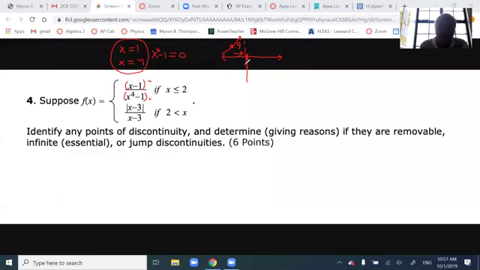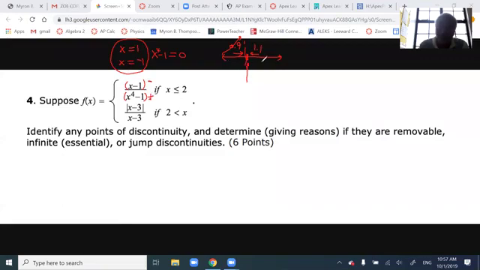But if you approach 1 from the right side, say 1.1, then 1.1 to the fourth power is bigger than 1, minus 1 is positive but a very small number, and the other part is negative, so this one is negative.